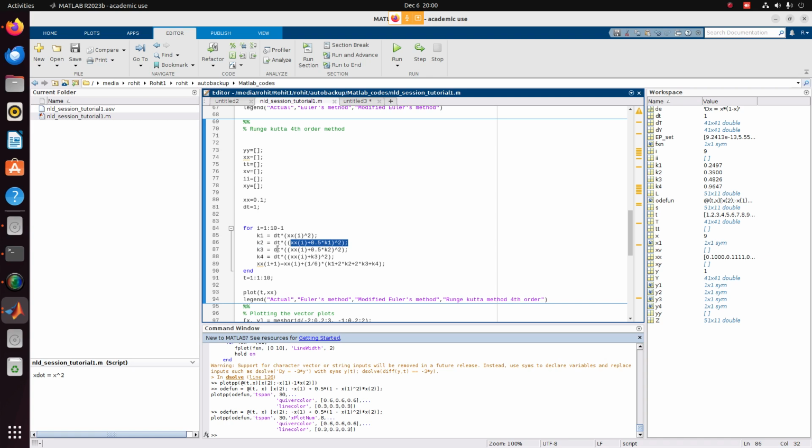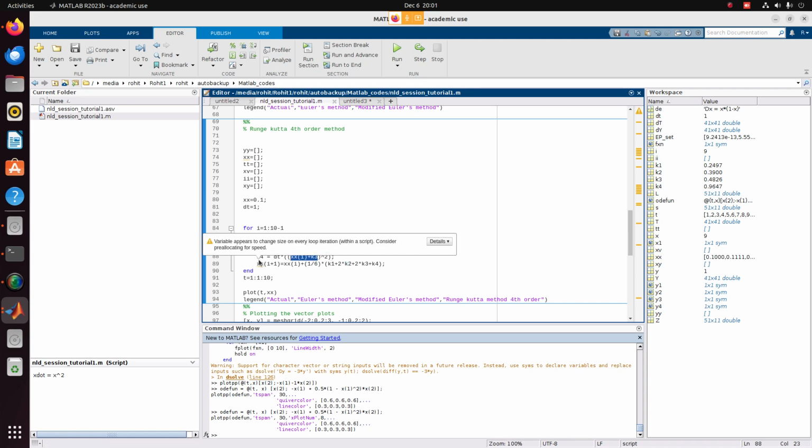K3 is dt times the square of x_i plus 0.5 K2, and K4 is dt times the square of x_i plus K3.